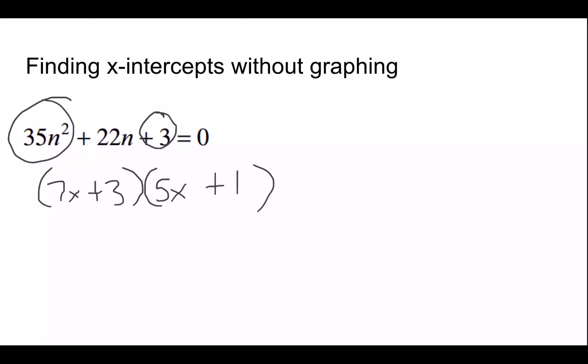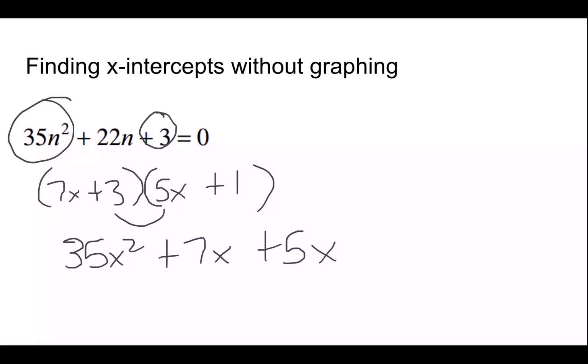So I do 7 times 5, which would give me 35x squared. 7 times 1, which would give me 7x. 3 times 5, which will give me 15x. And plus 3. And then again, when I add these terms together, I should get 22.